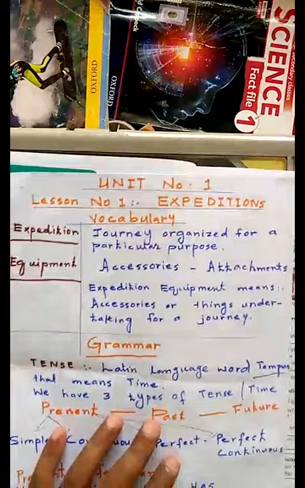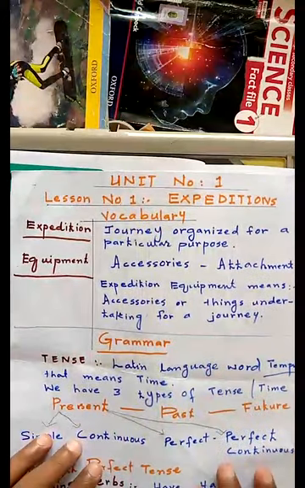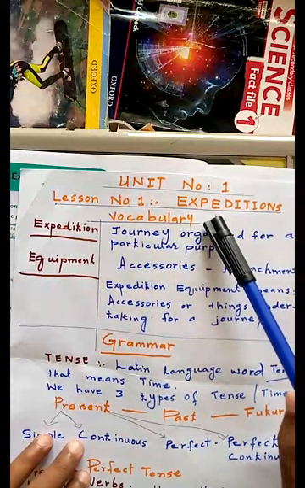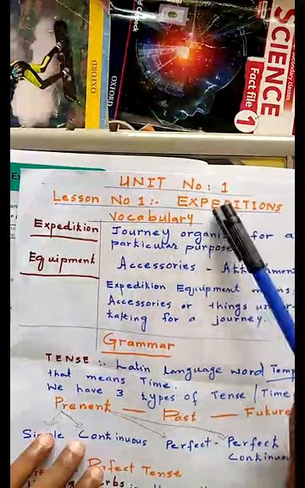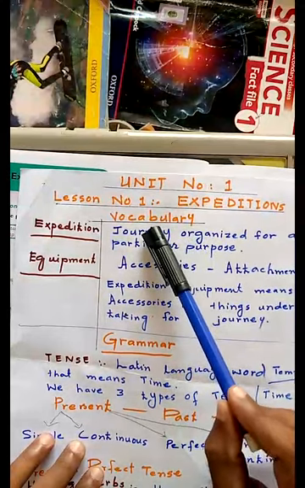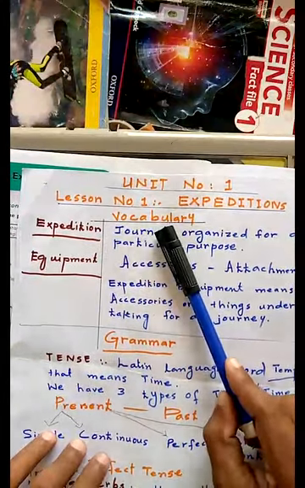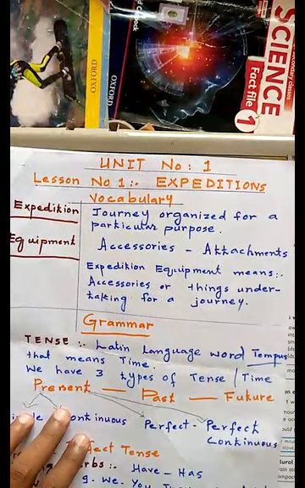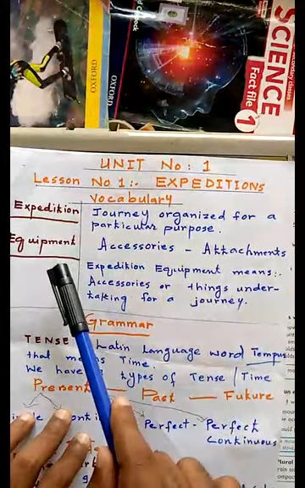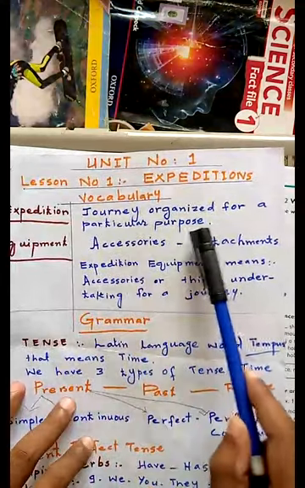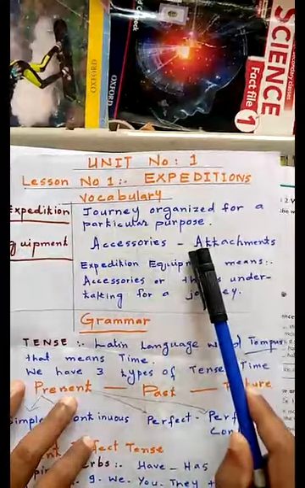As you can see here, I have written unit number 1, lesson number 1, Expeditions. First of all, vocabulary means some words that you may know: expedition and equipment. Expedition means a journey organized for a particular purpose.